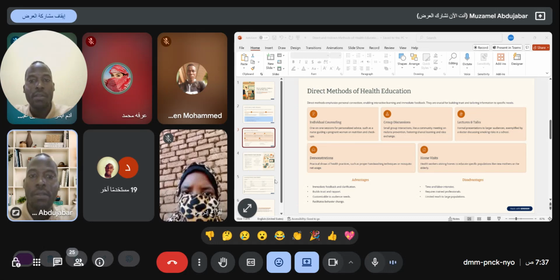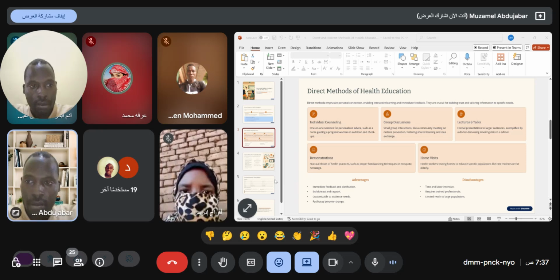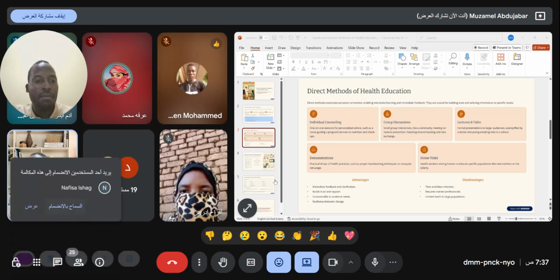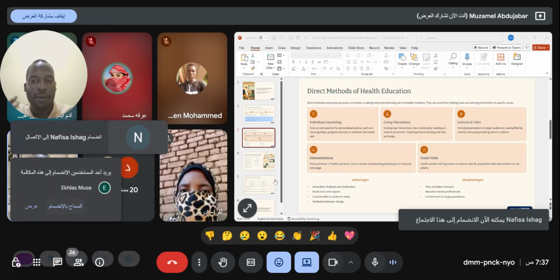The second way is group discussion, with more than 7 or 12 people. They sit together and discuss health education messages, to tell them, to give them, or to disseminate the health information.